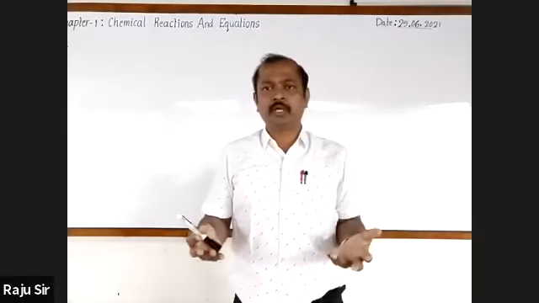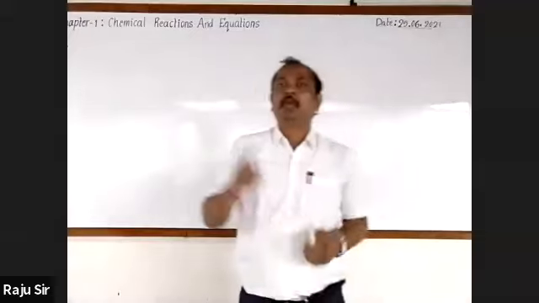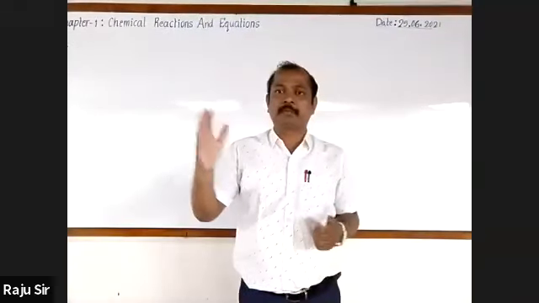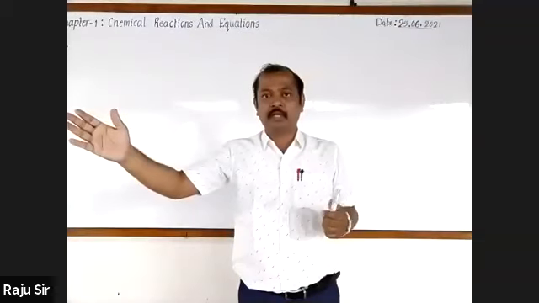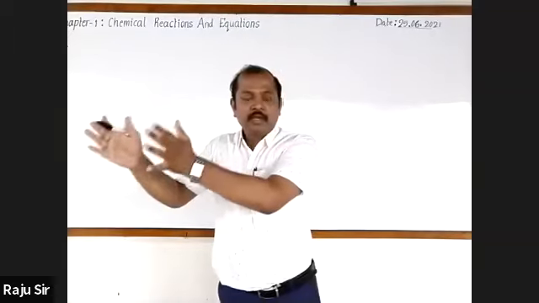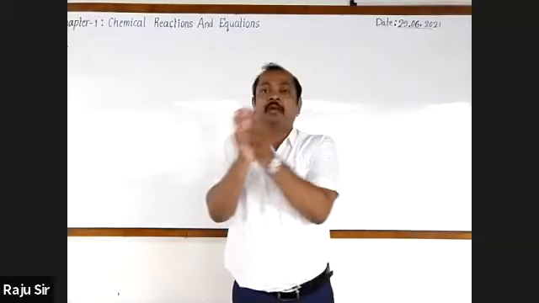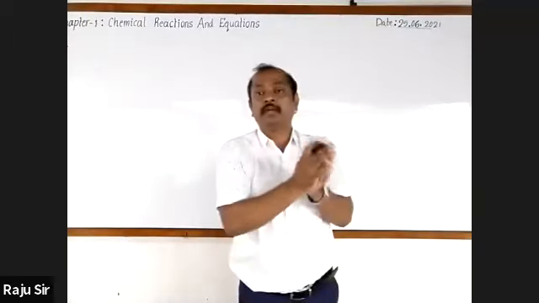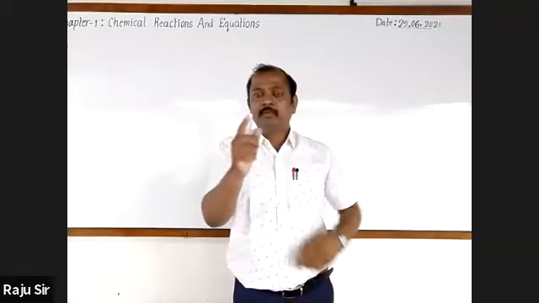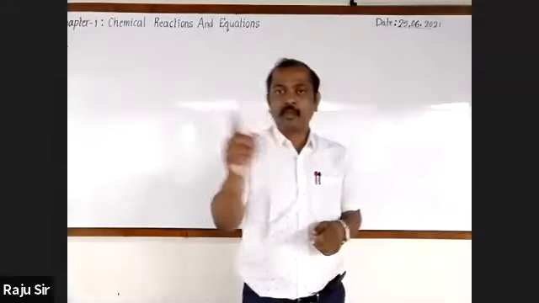You all know that. What are those? One is, reactants are to be written on the left hand side of the chemical equation, and products are to be written on the right hand side of the chemical equation. Then in between them, we use the arrow mark.